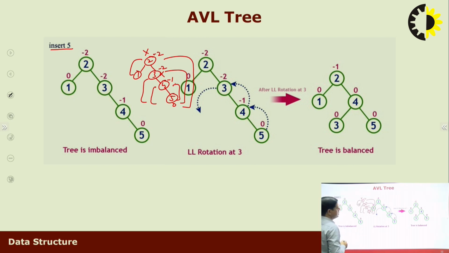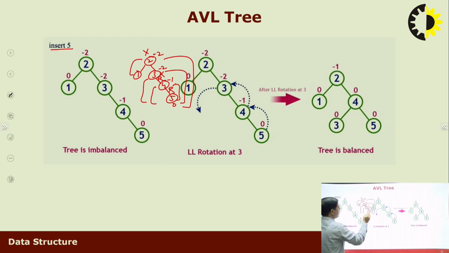Now, in this case, the tree became unbalanced when we inserted the value 5, and it is unbalanced initially at node number 3. Then again, we will do the same thing. From that node, we will go to the node due to which the tree is unbalanced. That is, 4 is the right child of 3 and 5 is the right child of 4.